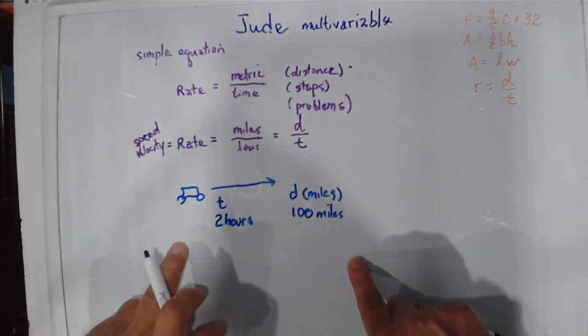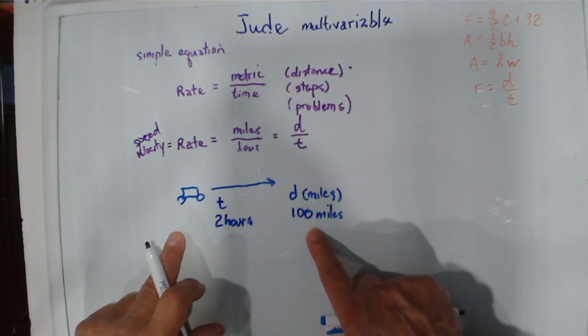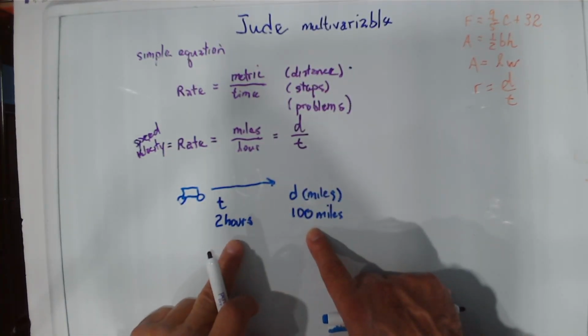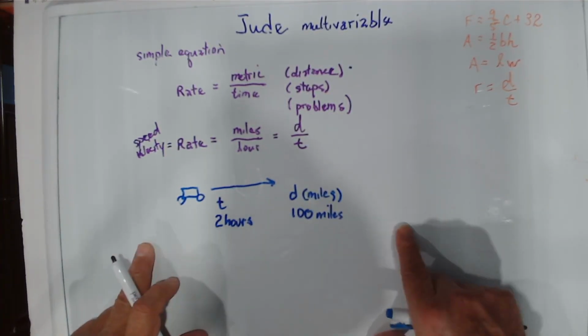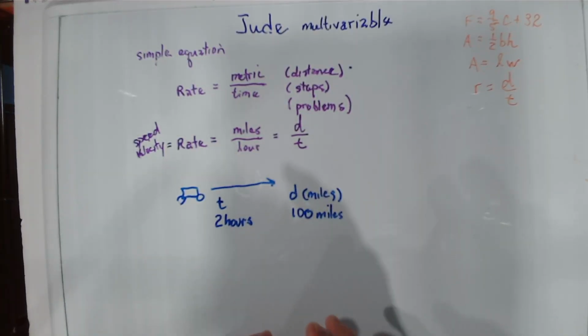So if you're going in a car and you're going 100 miles and it takes you 2 hours, how fast were you going? Well, let's find out.